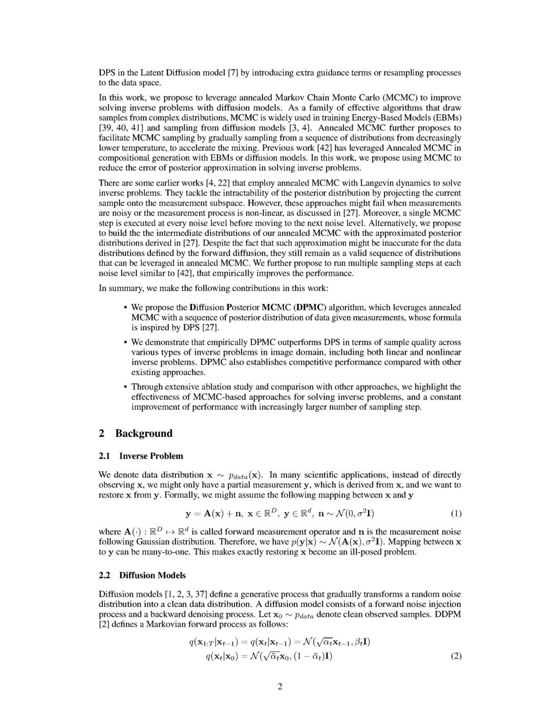The Diffusion Posterior MCMC, DPMC, method demonstrates several theoretical and empirical advantages over existing alternatives like diffusion posterior sampling, DPS, and filter posterior sampling, FPS. Theoretically, DPMC provides a more accurate approximation of the posterior distribution by leveraging annealed MCMC, which allows for smoother transitions between intermediate distributions, thus enhancing sample quality, especially in high-noise scenarios where DPS may produce blurred results.